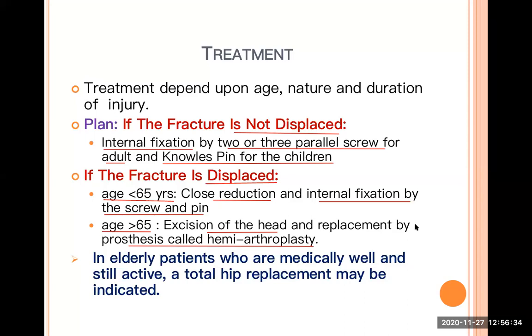Who knows? They may already have a disease known as osteoarthritis inside the hip joint. And if that is the situation, you better go for replacement of both. That is known as total hip replacement. This is another question which we love to ask our students. Just pay attention there. Let's move on.